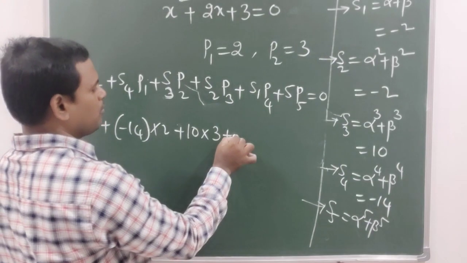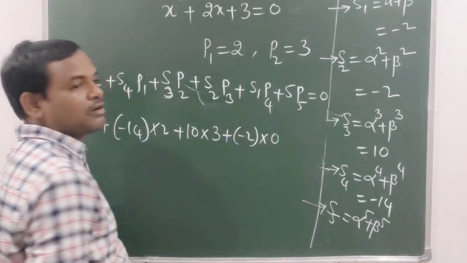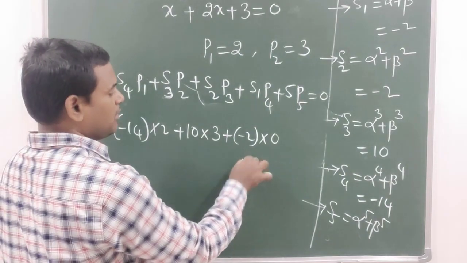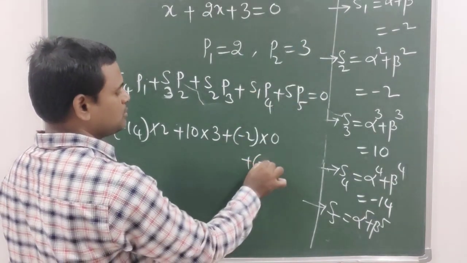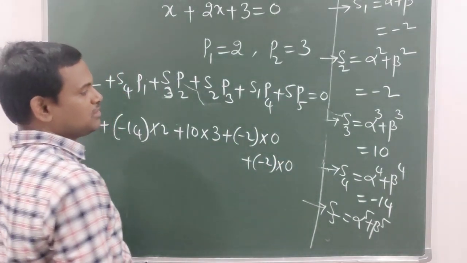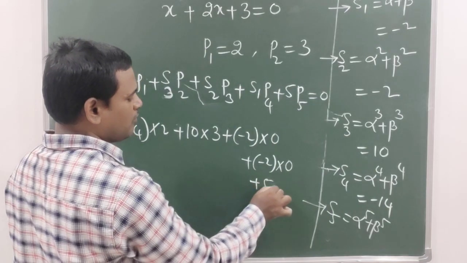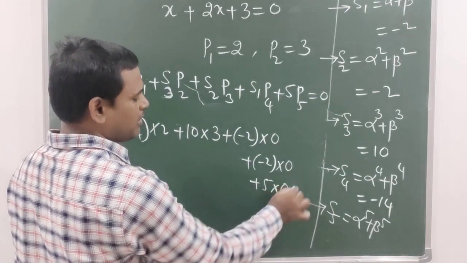S2 value is minus 2 and P3 we don't have, so substitute 0. S1 is minus 2, but P4 we don't have, so consider P4 as 0, plus 5P5. P5 we don't have, so there 0.